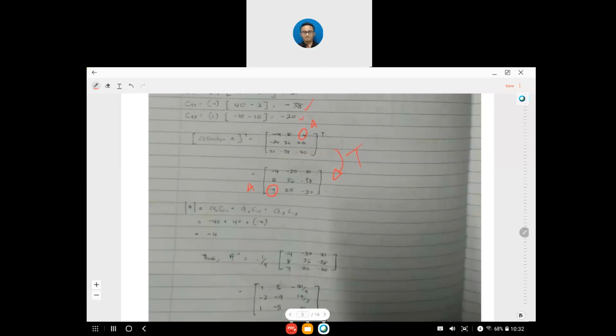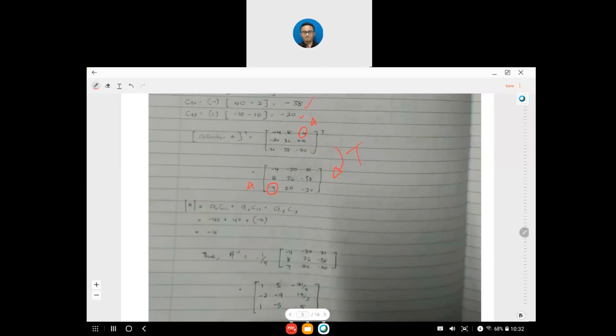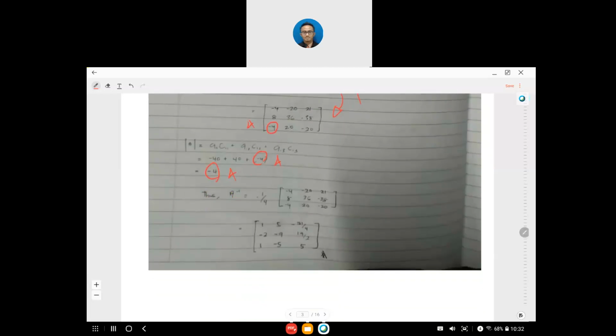And then when you want to find the determinant, okay, this one you are using -4. Supposedly this one is 4. So your answer of determinant is 4. So this one becomes positive. Okay, when you multiply this, it's wrong. Okay, expand the other values because 1/4 and this one is 4. Okay, can?